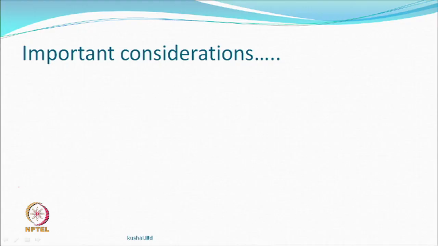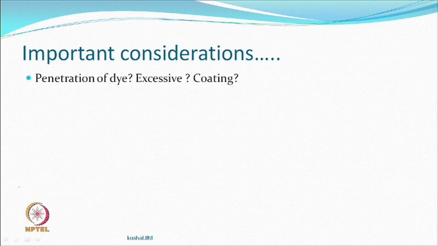Some other considerations which one may like to keep in mind: the penetration of a dye. Now, how much dye should be there on the paper? So, invariably one may say, well, I do not want any penetration, let the dye be on the surface. Yes, that is good, but because of various capillaries that may be available, and while you are printing, ink, for example, is liquidish, it will have its own way.